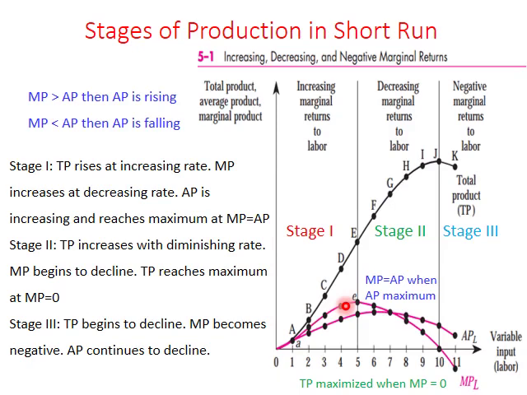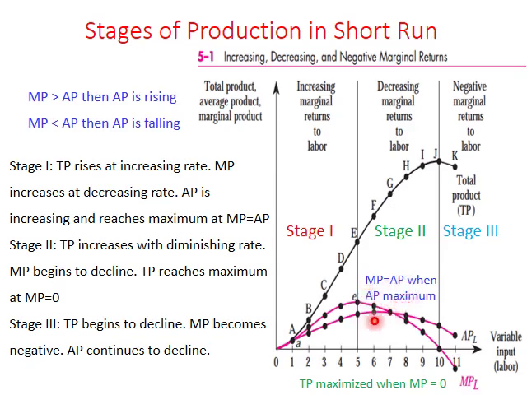Average product is also increasing, and it reaches its maximum point at stage 2, where marginal product equals average product. This is the point when AP reaches its maximum.